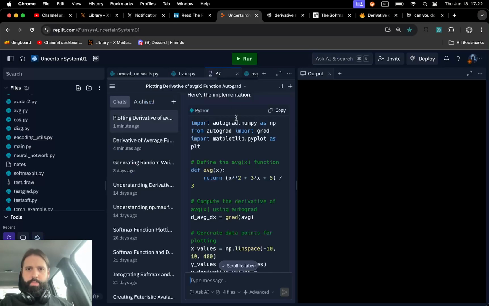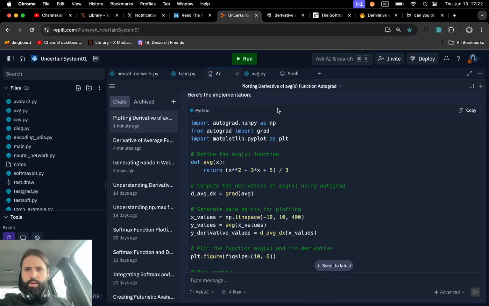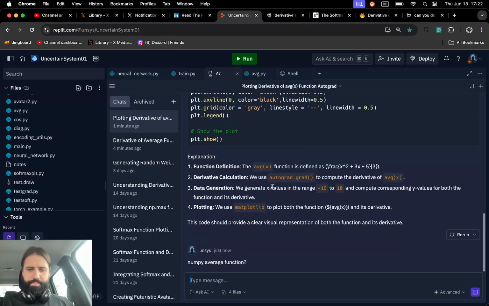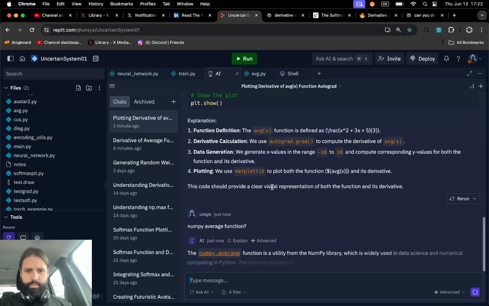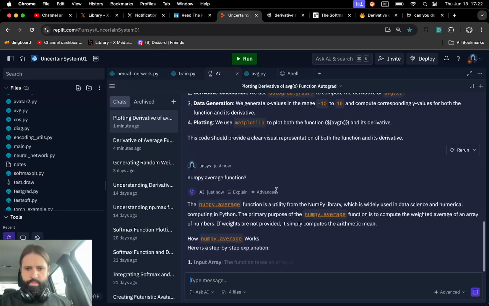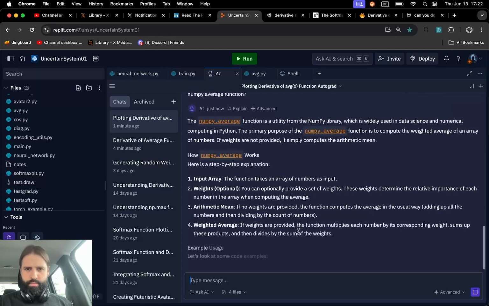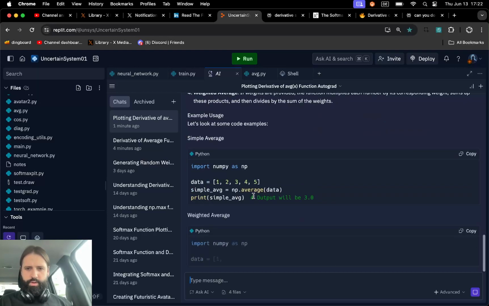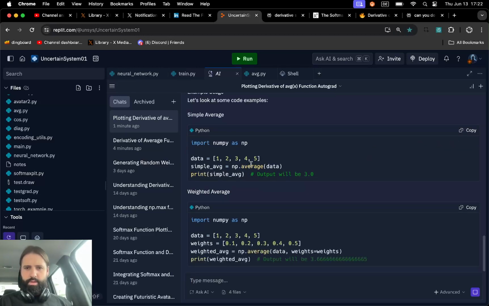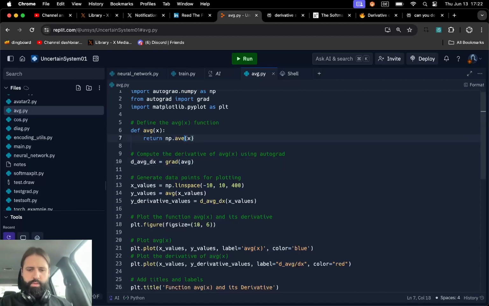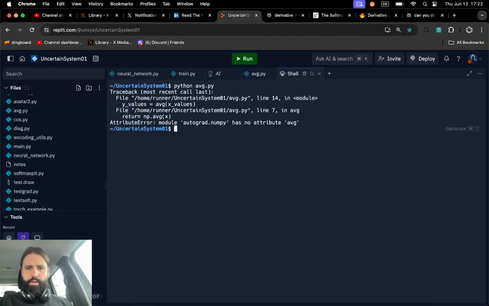So NumPy, does NumPy have an average? Is it really called like this?